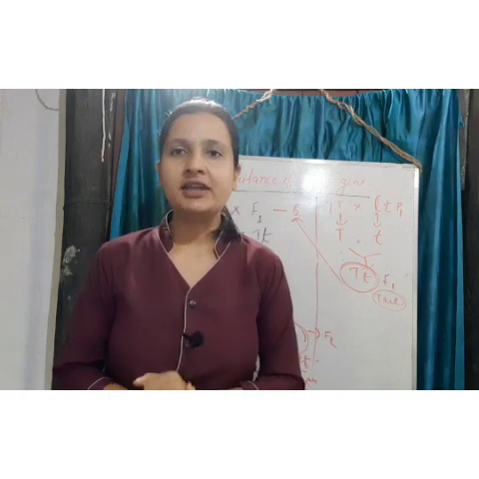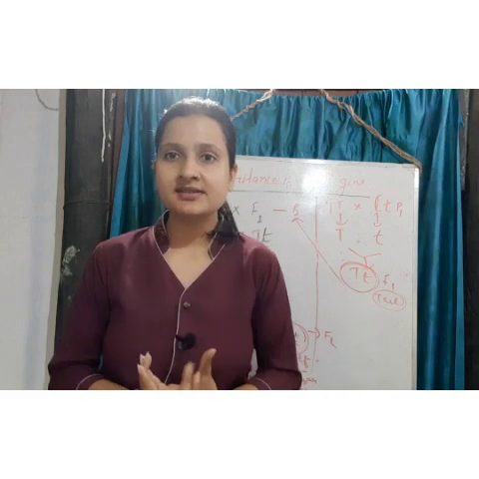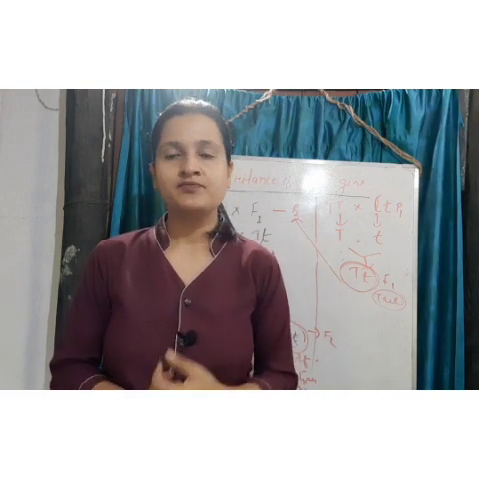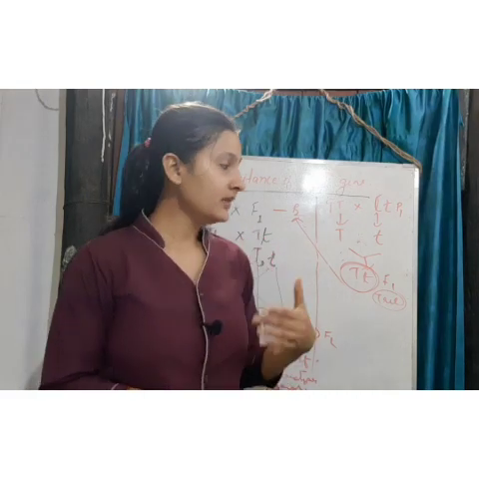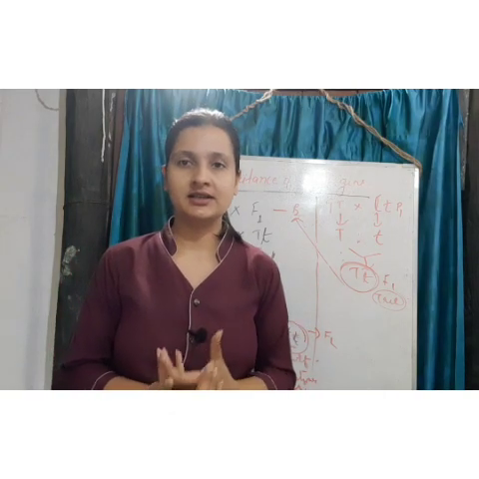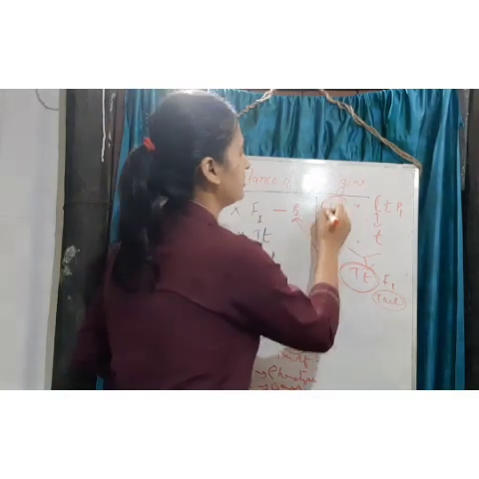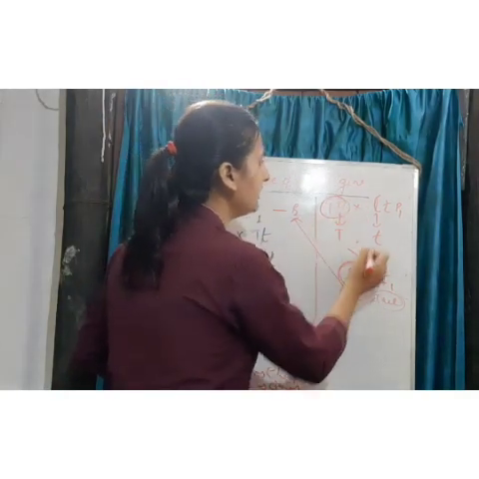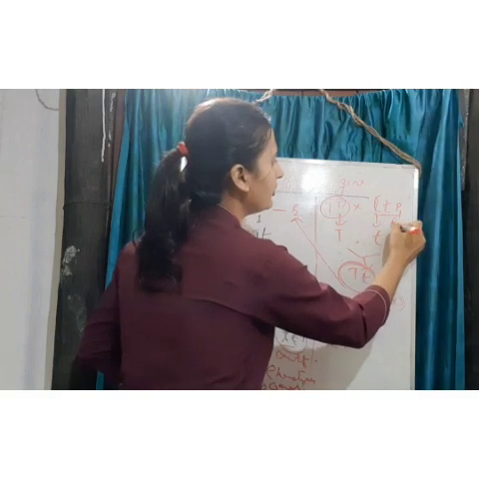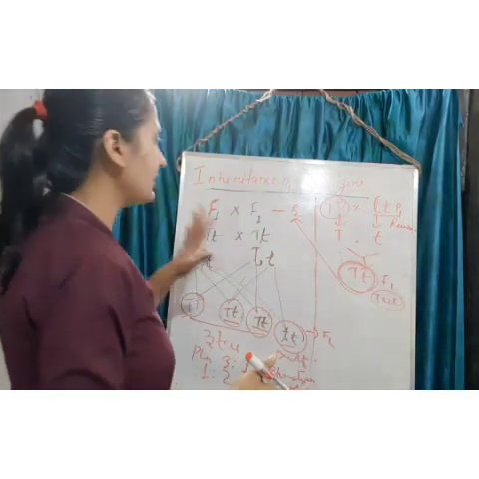As I had explained, anything that overpowers, which expresses its character, its features, is known as your dominant character. So this is the dominant trait. Tall is dominant, and this is your recessive. I hope that this is clear to you.